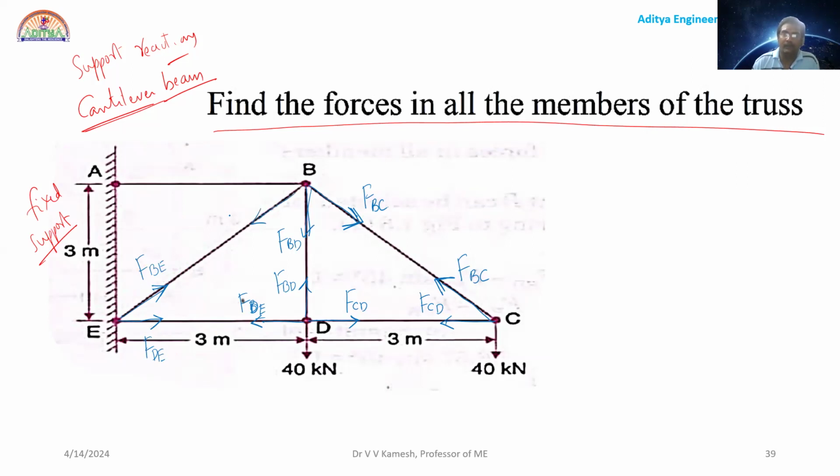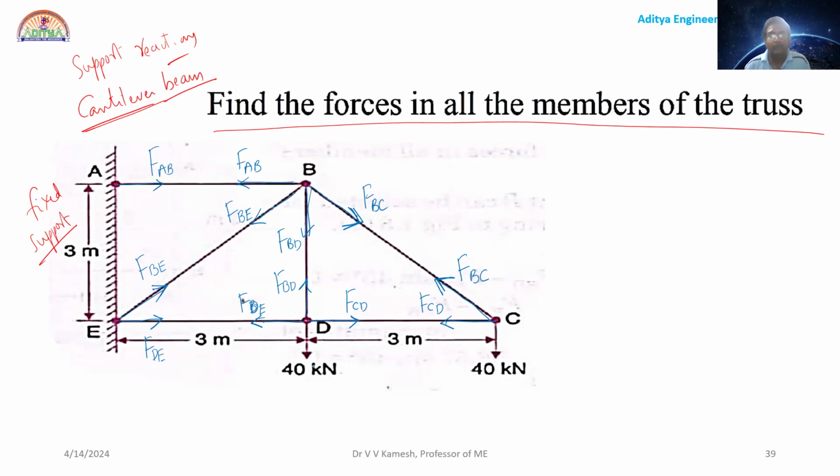From B, it will be downwards, the same force, FBE. Now what about your AB? This is FAB. This is FAB. Clear? Now you see, there is a joint. Any force member is 0.